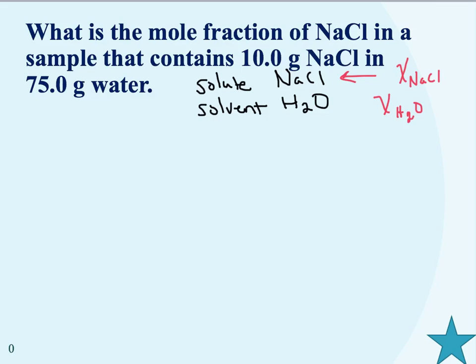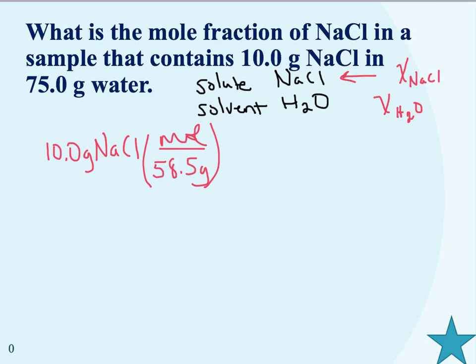So I need to get to moles first. I have 10 grams of NaCl, and I use my molar mass of NaCl, which is 58.5 grams per mole. I do the math, 10 divided by 58.5, and I get 0.171 moles of NaCl.